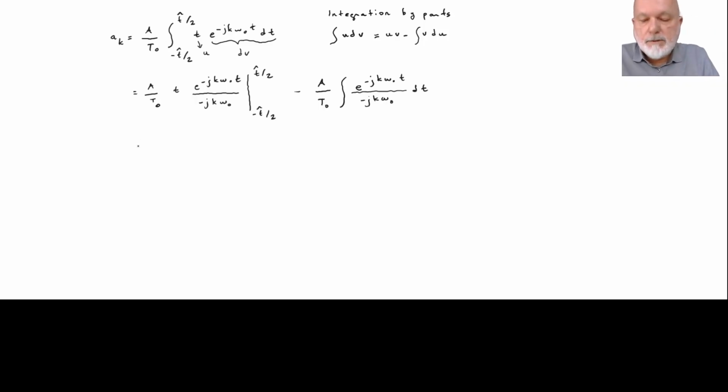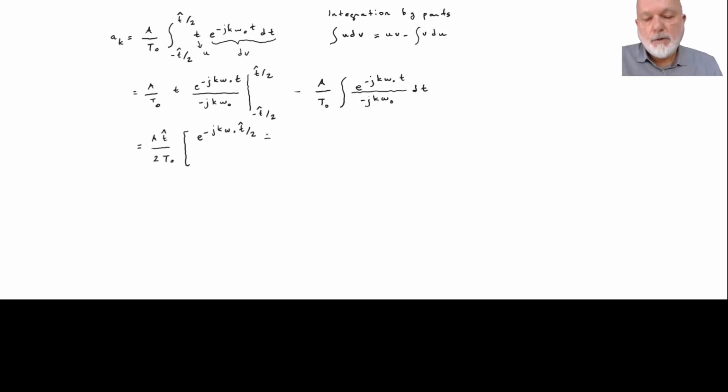Okay, so let us look at the first term. We have a t cap over 2t0, because we substitute t equal to t cap over 2, and we have e to minus jk omega 0 t cap over 2.